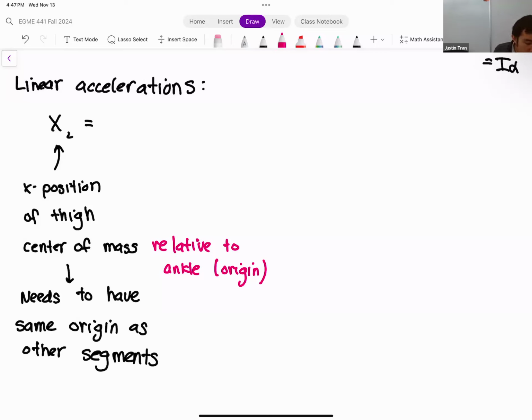So we actually have two contributions to the x position here. We're going to have an L1 cosine theta 1. This right there is the position of the knee joint.